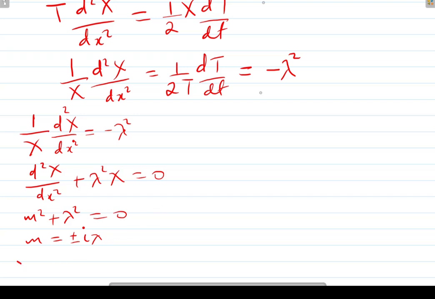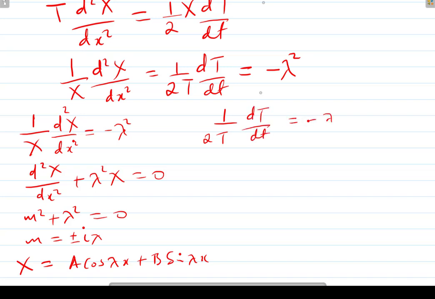And then that gives us x equals constants, I'll use a cos lambda x plus b sine lambda x. Then the other one, which is 1 over 2t dt equals negative lambda squared.